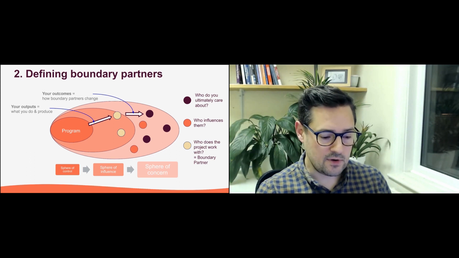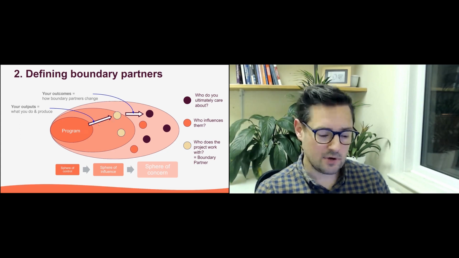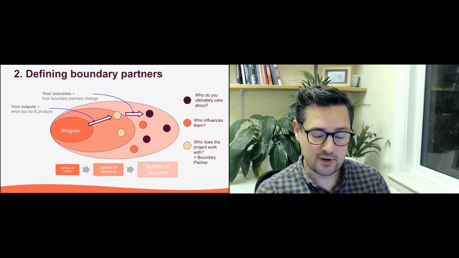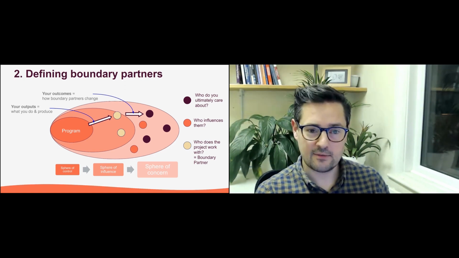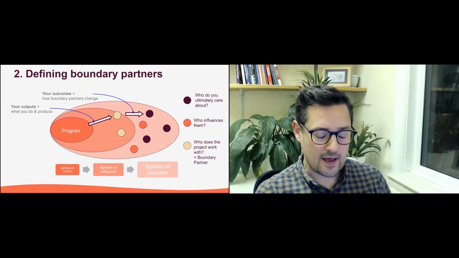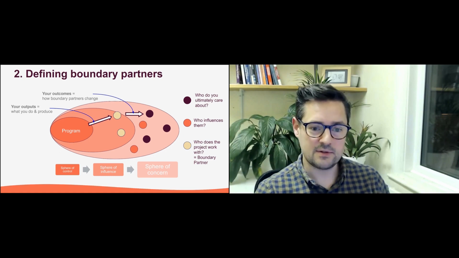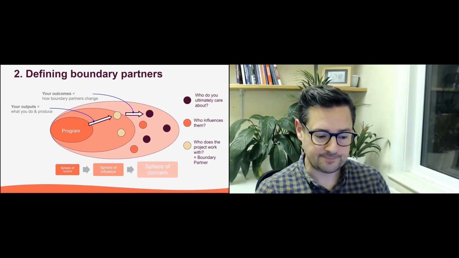And what you do with your boundary partners, those are your outputs. So what you do and what you produce to work with your boundary partners is your outputs. What your boundary partners do as a result of that is your outcome. Your outcome is how your boundary partners are working differently, and usually that's in order to support those that you ultimately care about.